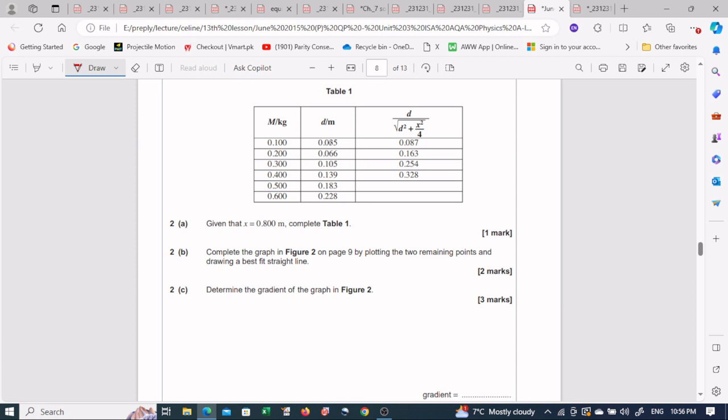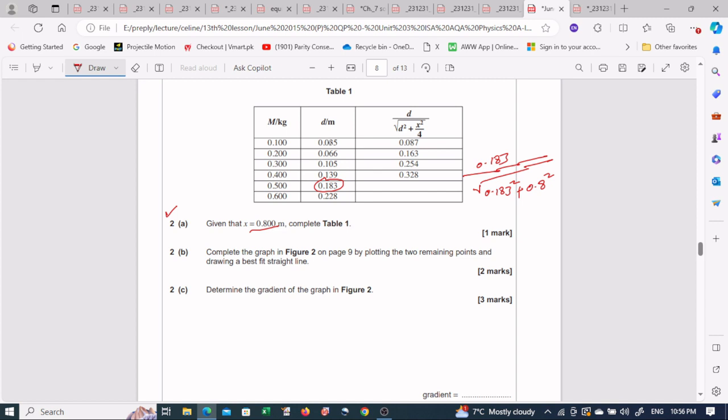For part 2a, we have to find the missing values here. For example, here d is 0.183. So the formula is d over the square root of d square, 0.183 square, plus x square over 4. x is 0.8, that is given, 0.8 square.